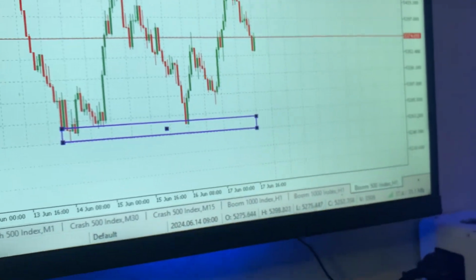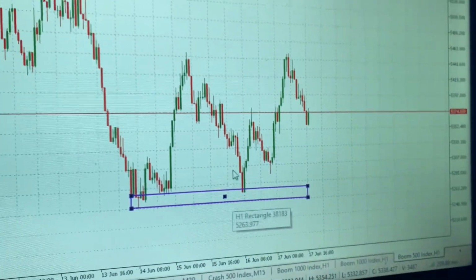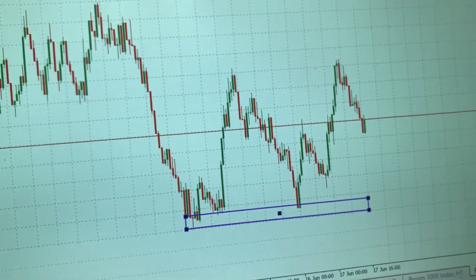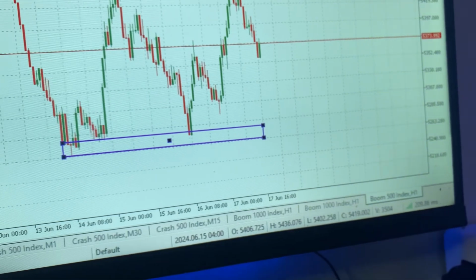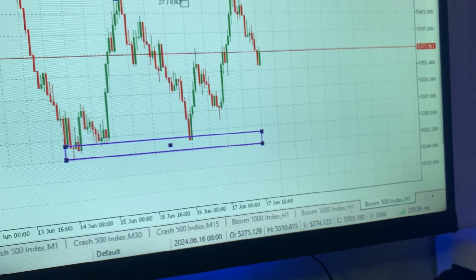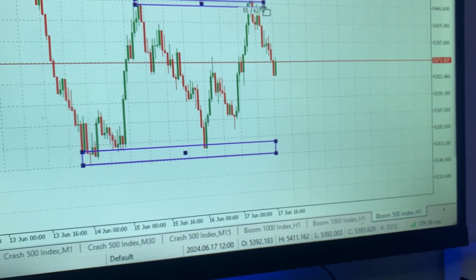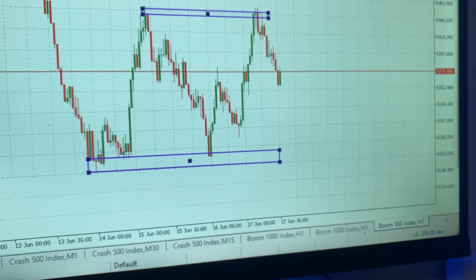So with that, I also wanted to know, if we have a support right here, where is my resistance zone? And as you can see, we managed to see that this is the resistance zone. And what is a resistance level? This is a point at which price fails to go any further above.